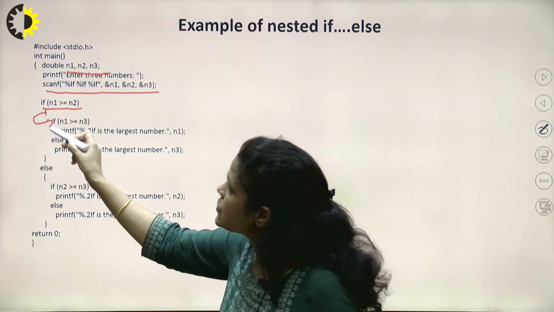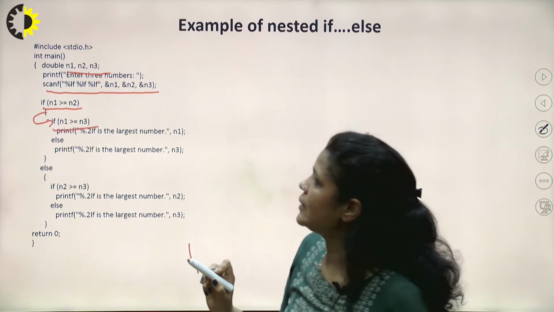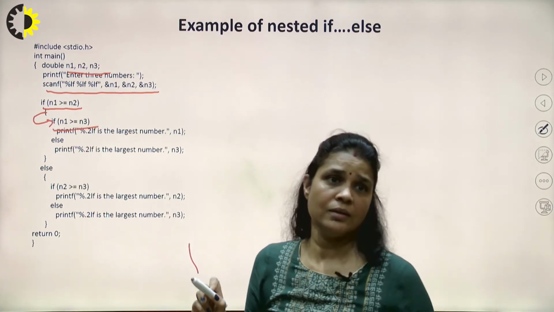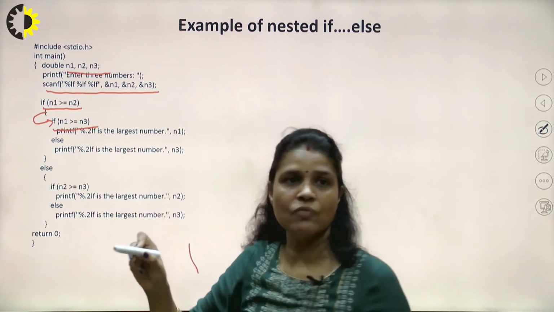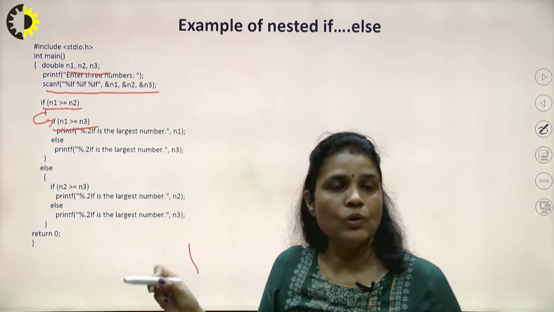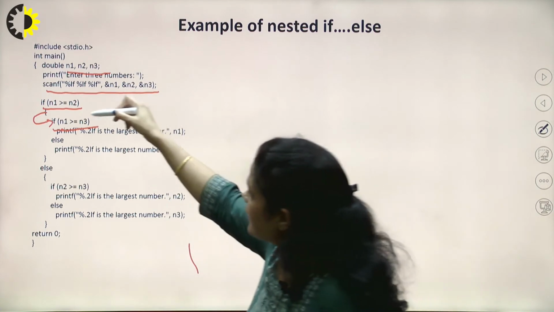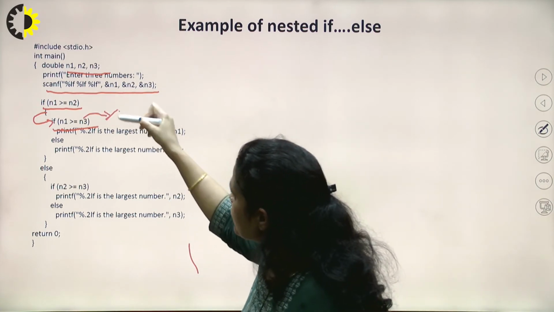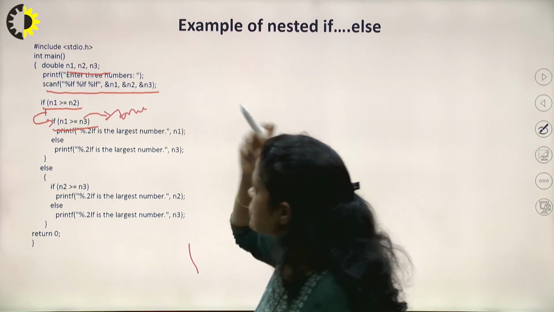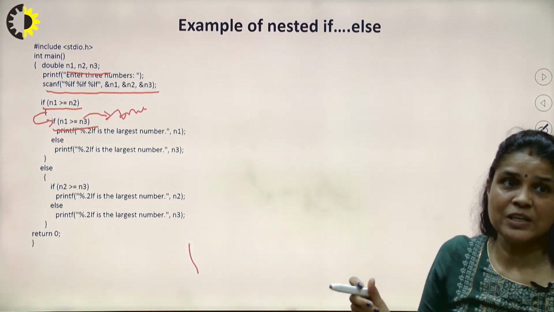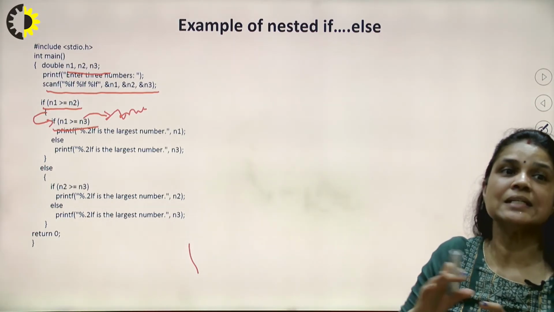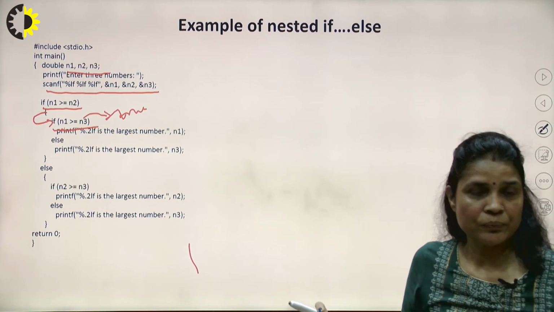For checking that, we need to apply the if statement again, and for that we write the expression N1 is greater than or equal to N3. If this condition is true, then only can we have the printf statement that N1 is the greatest number, right?